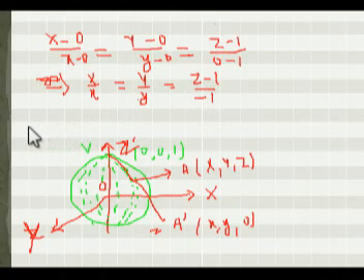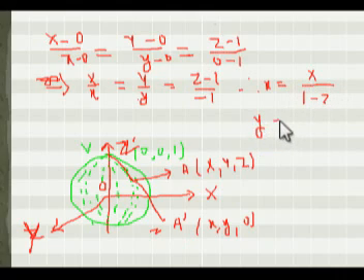From this we can write X will be x by (1 minus z), and Y will be y by (1 minus z).